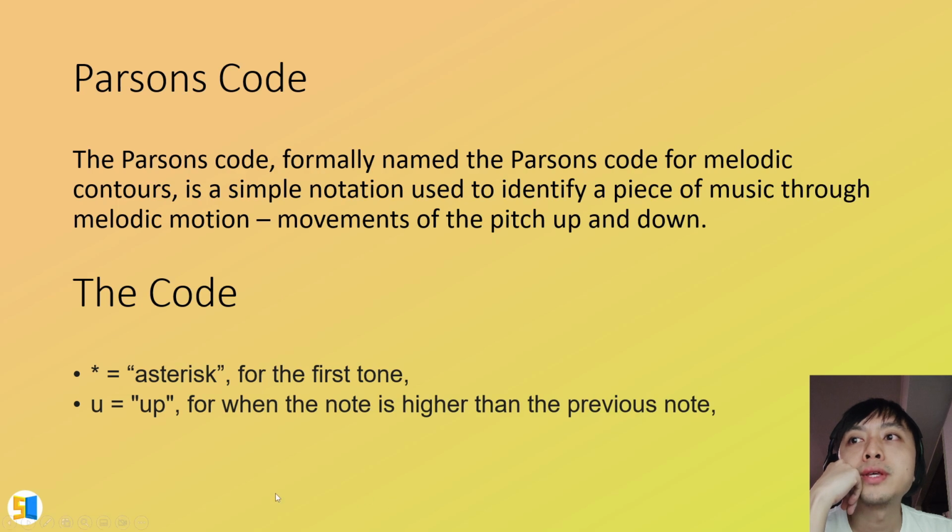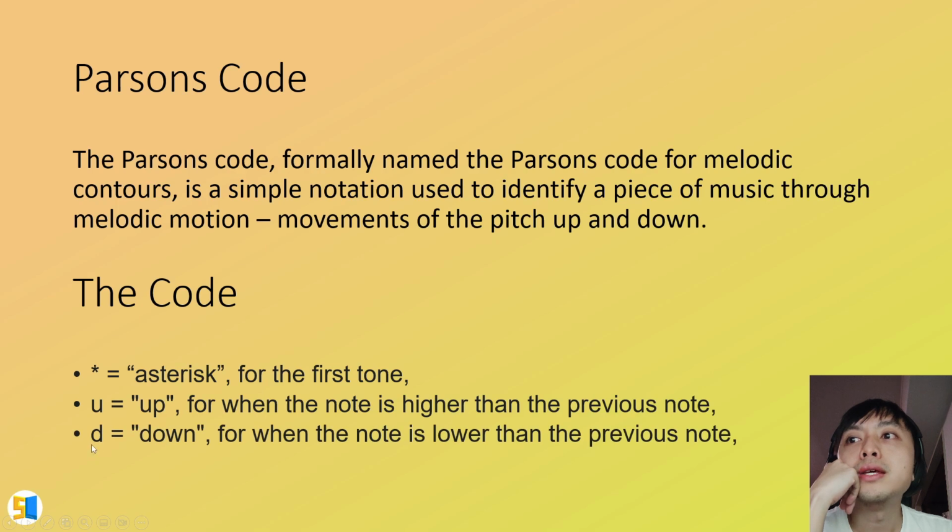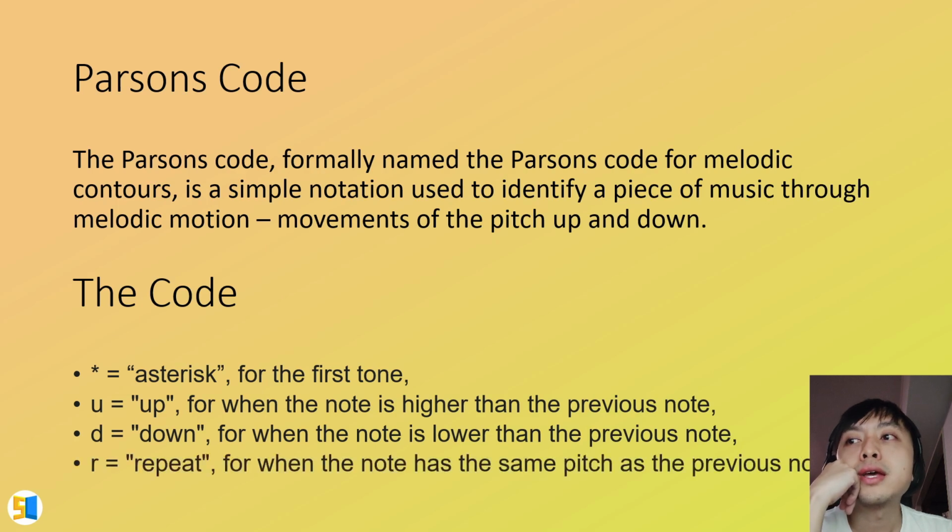If the next note is higher than the previous one, then we will write U as up, indicating that the note is higher than the previous one. D for down if the next note is lower than the previous one, and R for repeat if the note has the same pitch as the previous one.